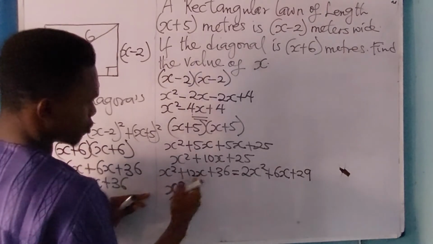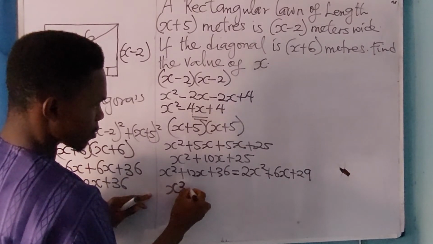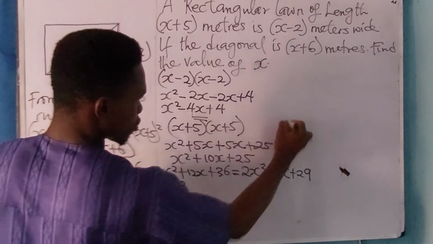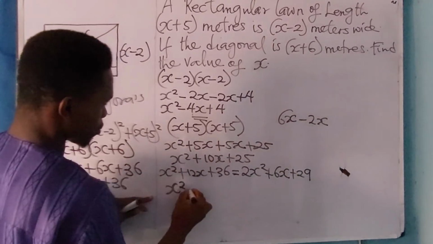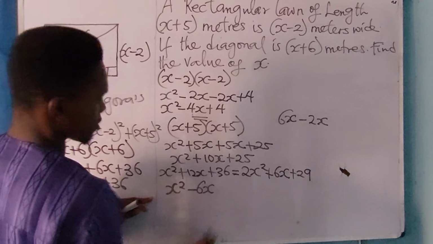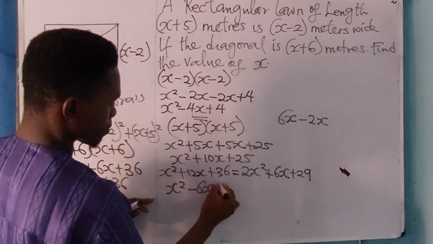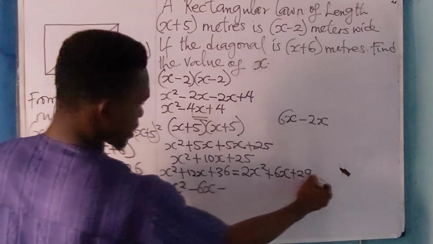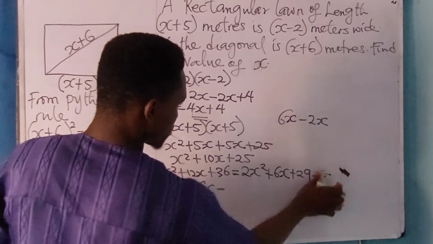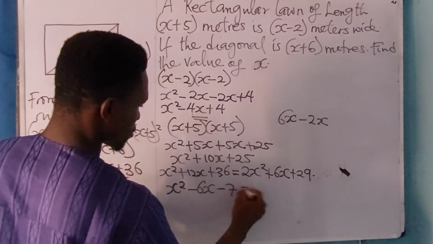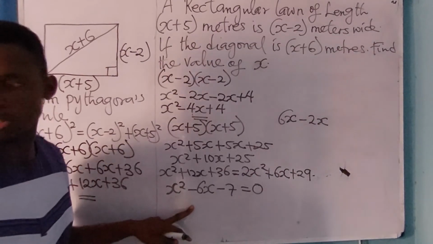Then if 12x crosses over, it becomes 6x minus 12x, which is minus 6x. If 29 crosses over, it becomes 29 minus 36, which is minus 7. This equals 0. So this is a quadratic equation.